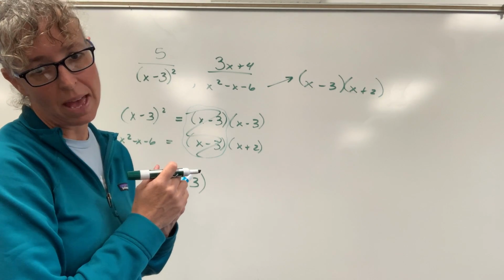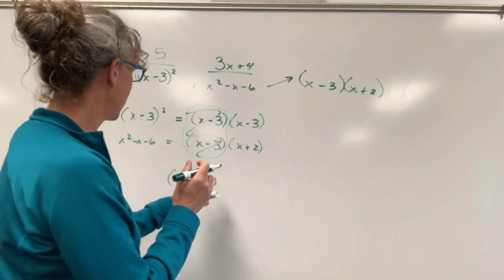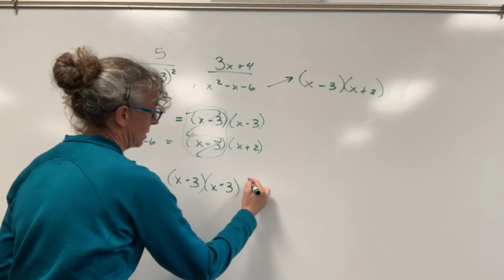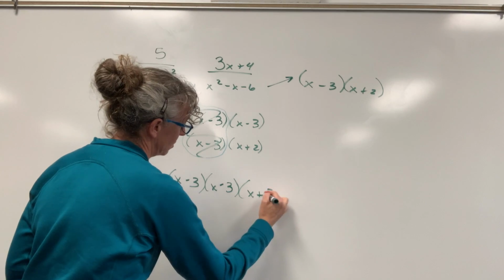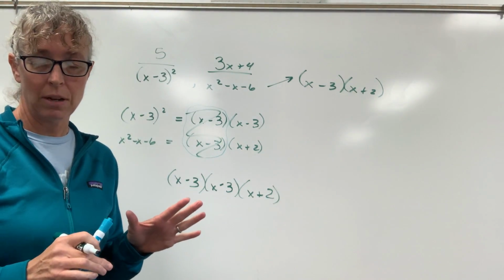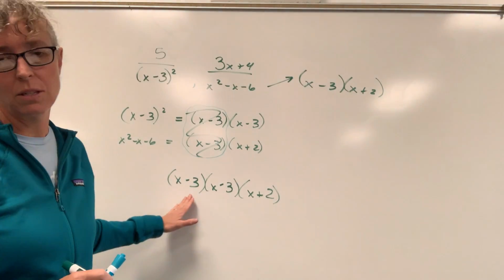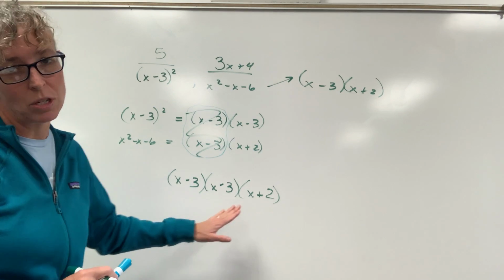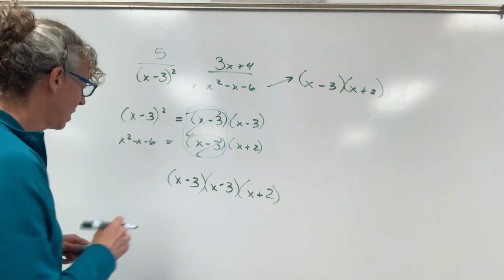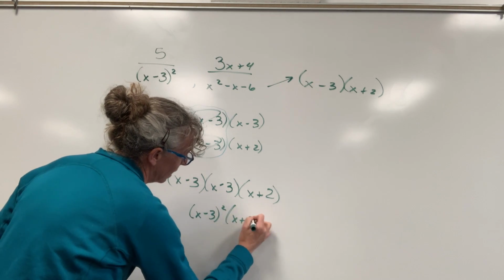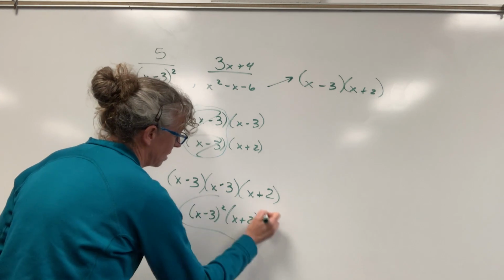So we also have an x minus 3 again, right here, and an x plus 2 also. So the least common denominator of these fractions would be x minus 3, x minus 3, x plus 2. Probably they would want you to write (x minus 3) squared, right? Because there's 2 of them. That's the more proper way to write that. And this would be our least common denominator.